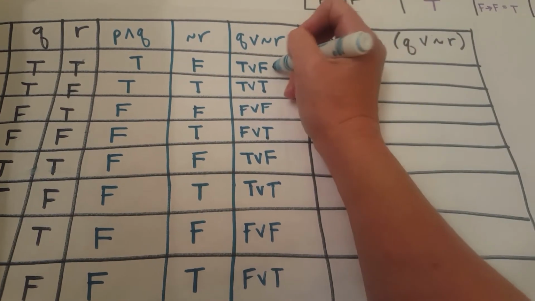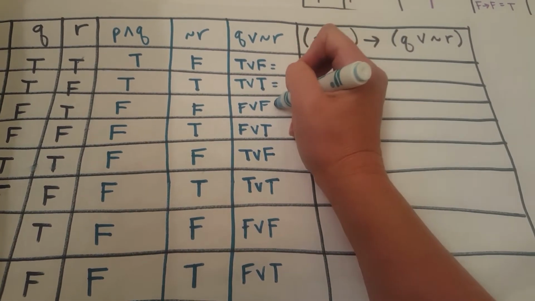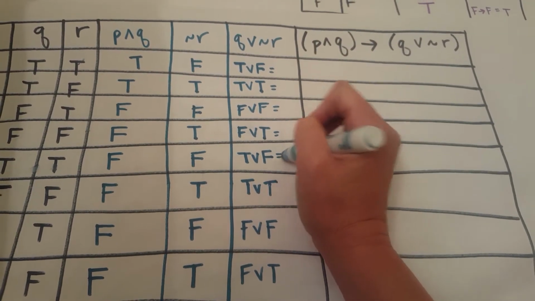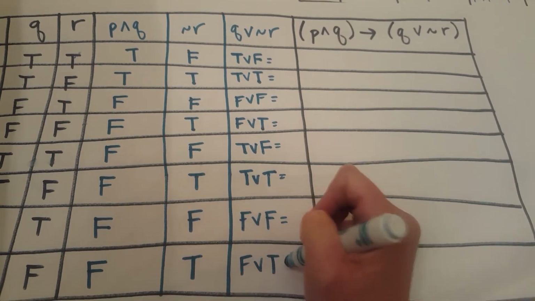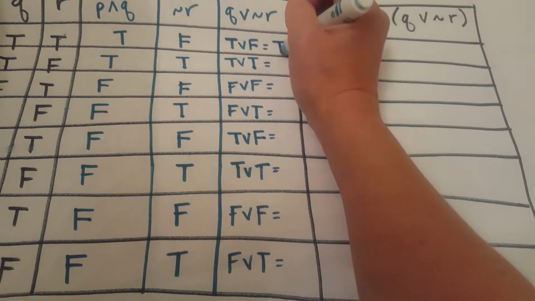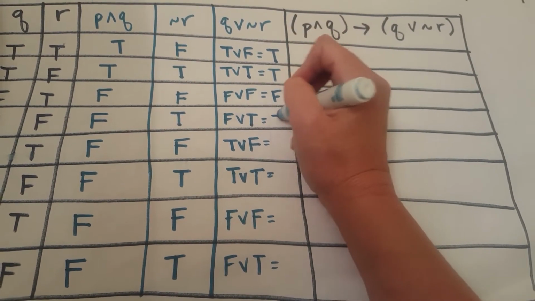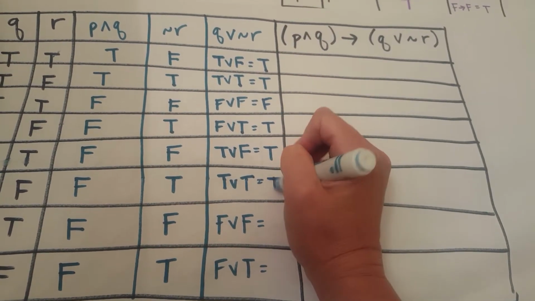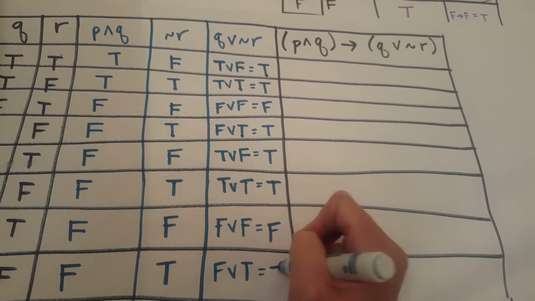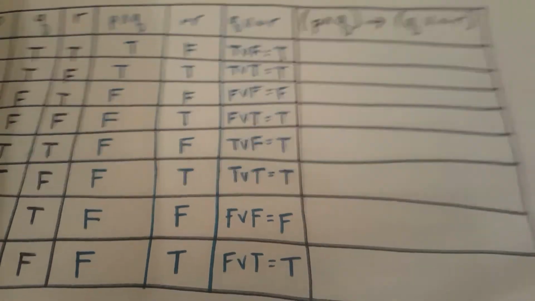Now with the or, as soon as you get a T, the whole thing is a T. So the result that I'm interested in is true, true, false, true, true, true, false, true, and hopefully I haven't made any mistakes.